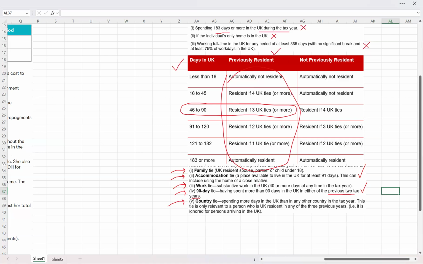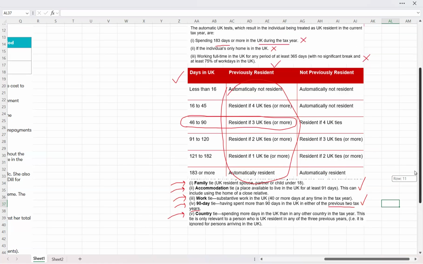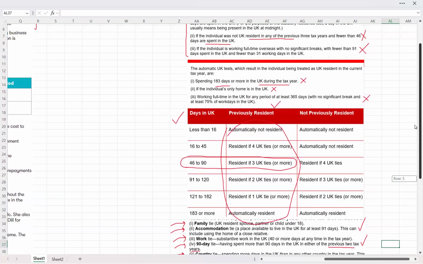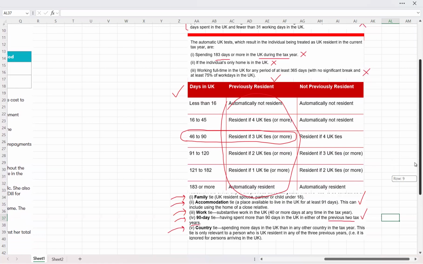I hope this discussion has helped you understand all the tests and how we use this table, which is going to be made available in the exam. Although these ties won't be available, you will only be provided with this table, as I've shared the text table that is going to be provided to you in the exam.